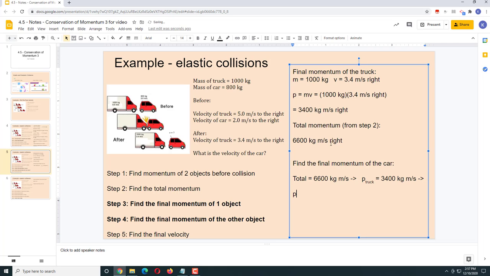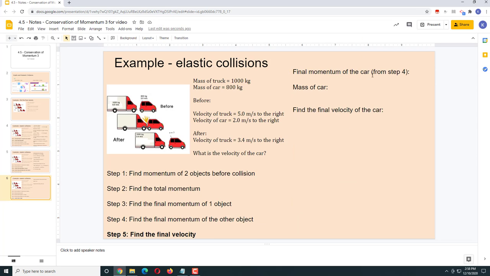Then we know that the momentum of the car is just going to be 6,600 minus 3,400. The final momentum of the car has to be 3,200 kilograms meters per second to the right. And it makes sense, they're both going to the right.